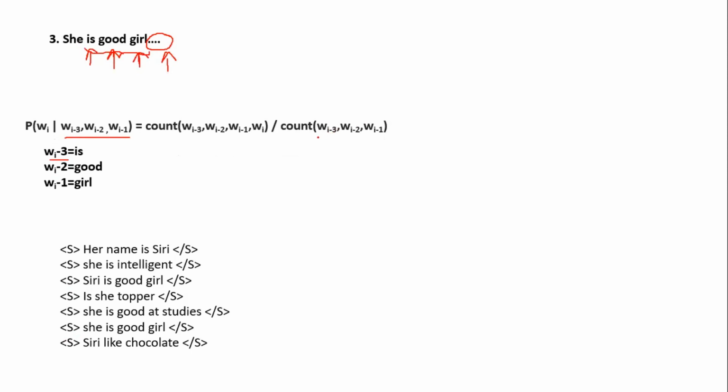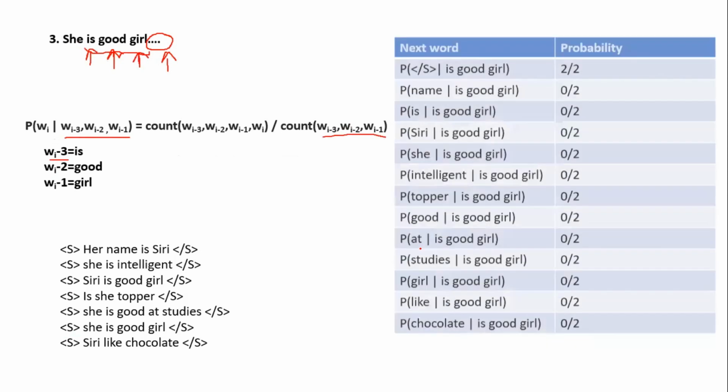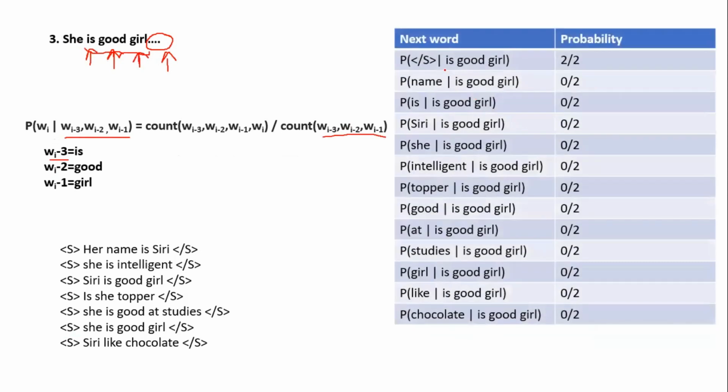So check how many times these 3 words occur together in the corpus and draw the table. So the denominator should be "is good girl". So check how many times we have "is good girl". It occurred 2 times. So the denominator value should be 2.